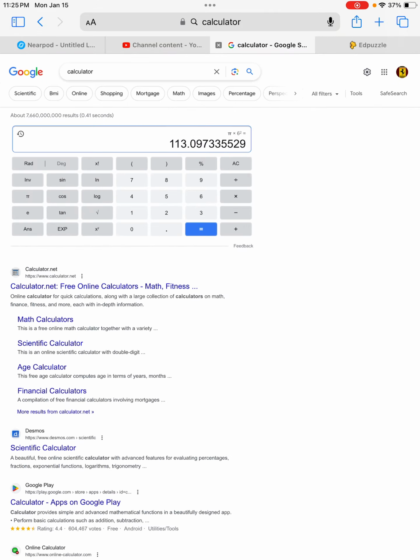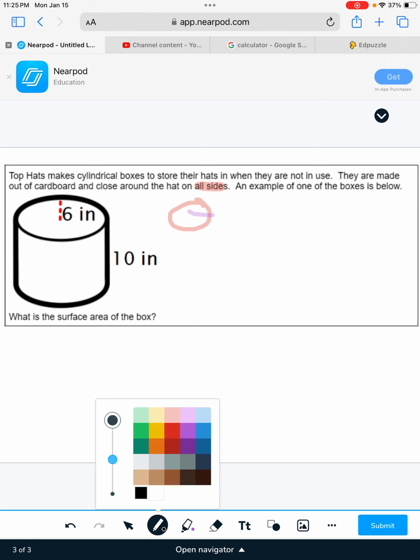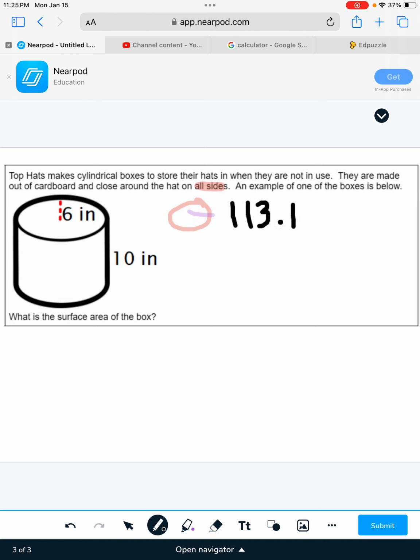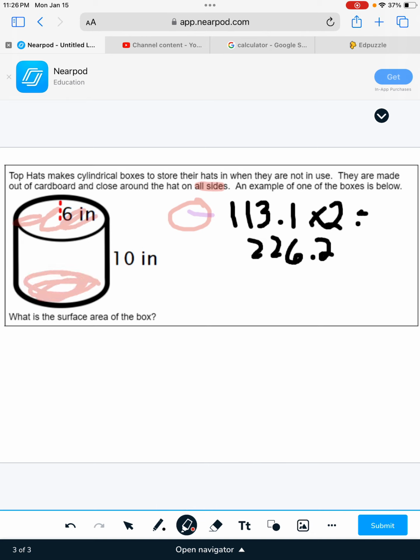Good enough for me. 113.1. Times 2, because we got a top and a bottom for that, turns into 226.2. That takes care of ceiling, top. That takes care of floor.